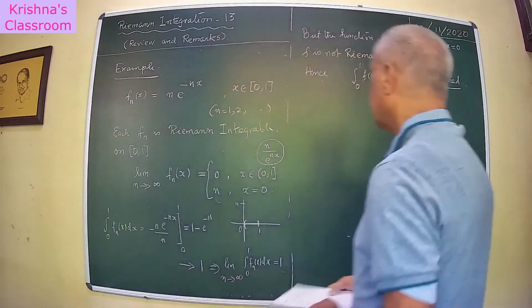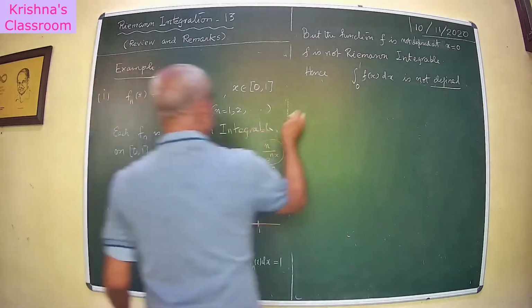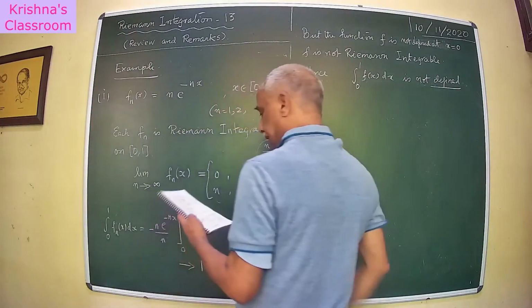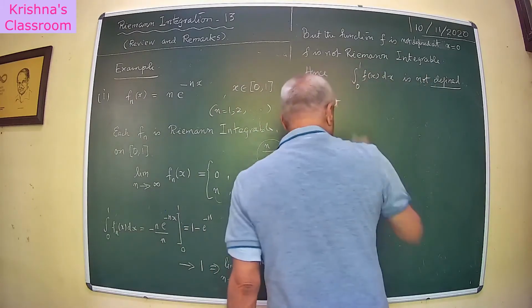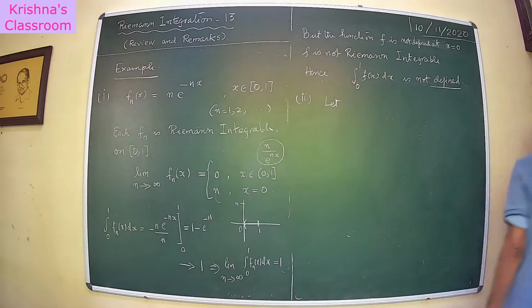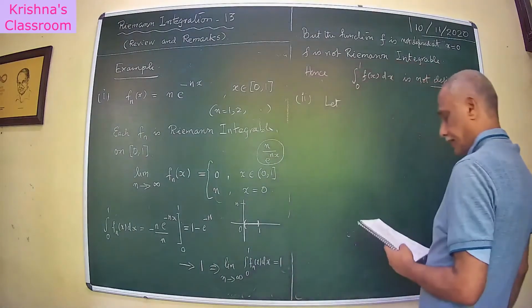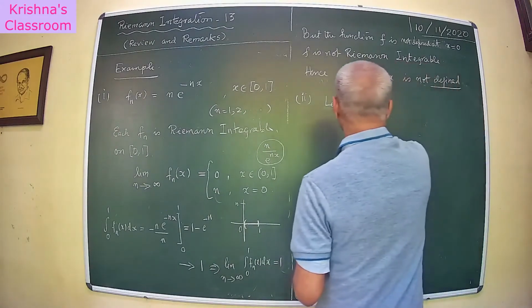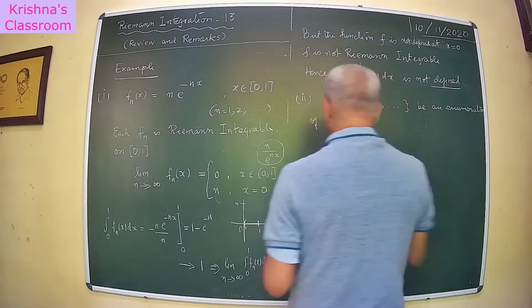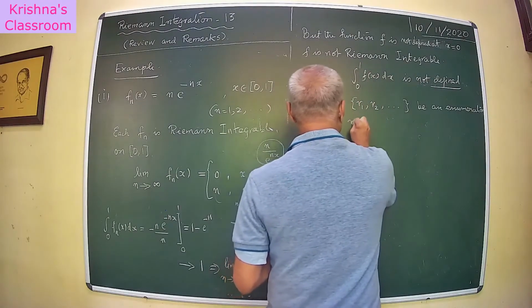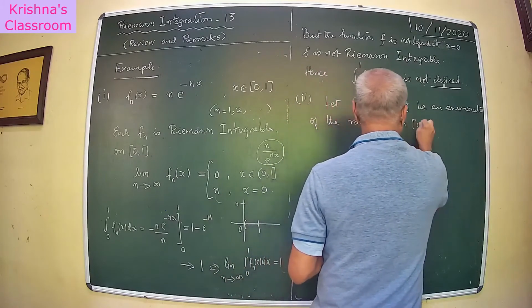Okay. Now we look at another example. The first example, now the second example. We know that the set of rational points on the interval [0, 1] is countable. Therefore, you can enumerate them. So let r1, r2, and so on be the rationals on the interval [0, 1].